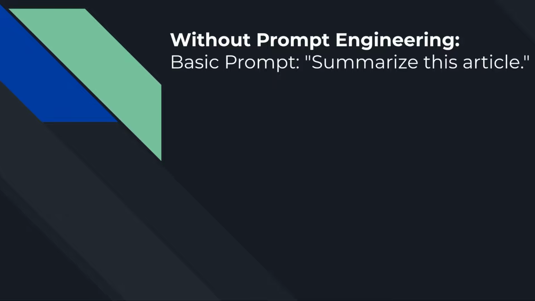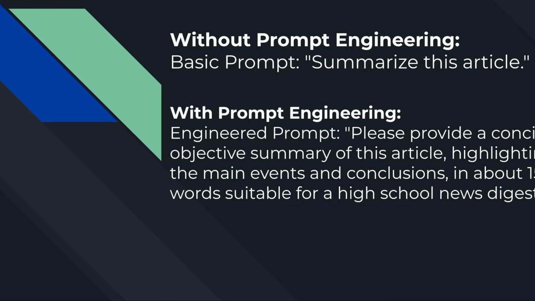Now if you engineer this prompt, which means if you make it more concise, if you give it context, if you make it clearer to your LLM model, your generative AI tool, it will give better and very specific results specific to your target audience. Let's see how it will look.